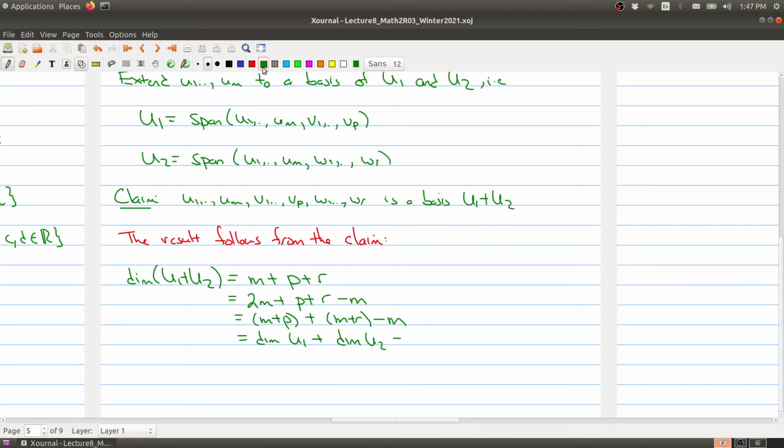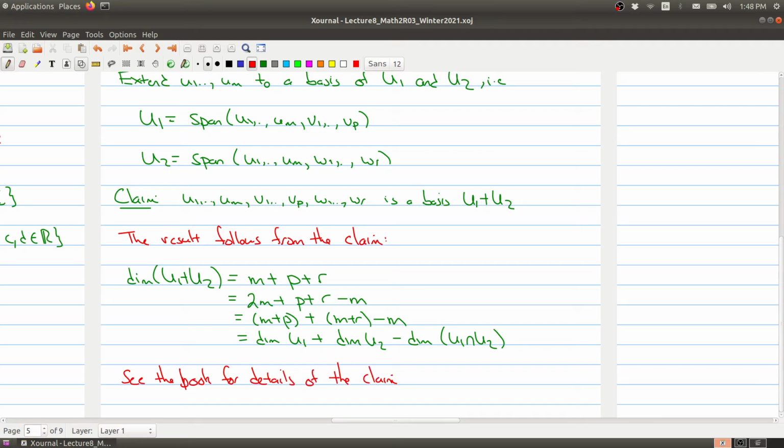So this part is equal to the dimension of U1 intersect U2. And that's it. See the book for the details of the claim.